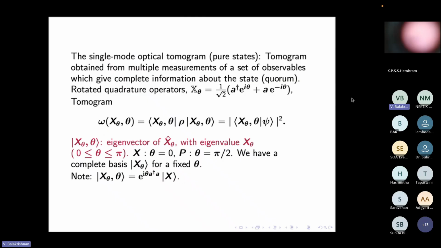So if you look at the single mode optical tomogram, it is obtained from multiple measurements, of course. In quantum mechanics, you do a lot of measurements of a set of relevant observables. And you work with the rotated quadrature operators. A and A dagger are the photon destruction and creation operators.